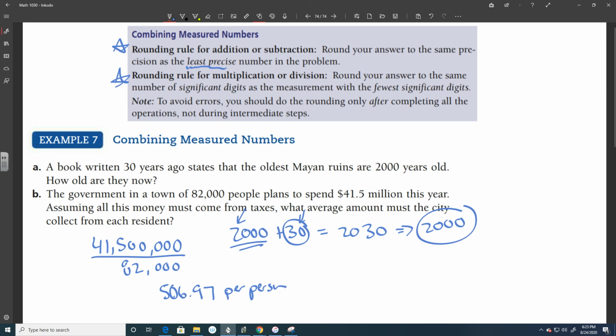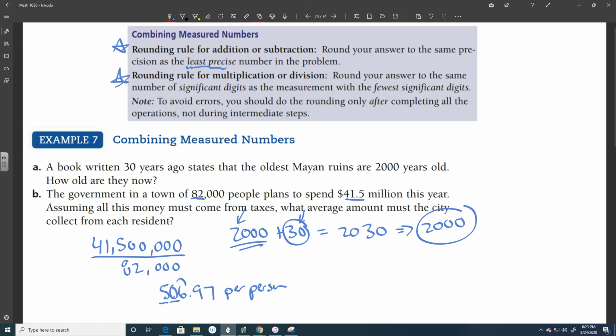But when we multiply or divide, it tells us to round to the same number of significant digits as the measurement with the fewest significant digits. Well, 82,000 has 2 significant digits. 41.5 million has 3. So we're going to round to the 2 significant digits, which means 1, 2 digits right there.